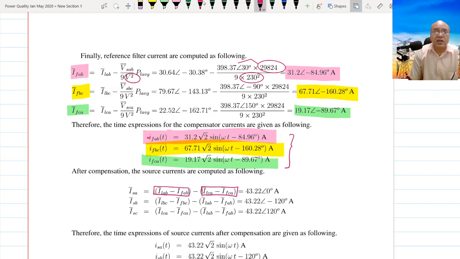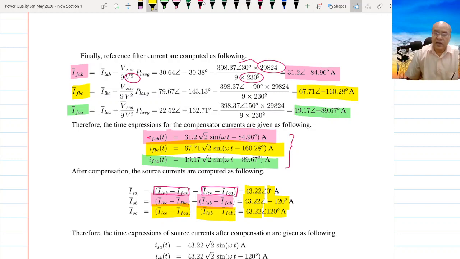Okay. Similarly for B and similarly for C. And we just compute them and observe that all these currents are basically balanced. You can see 43.22 have magnitude and angle are 0 and minus 120 and plus 120.